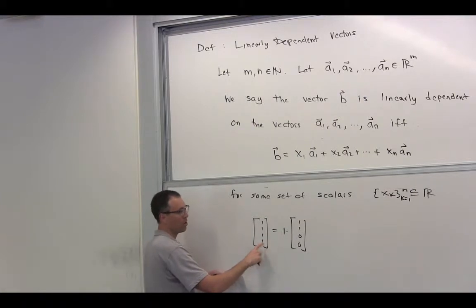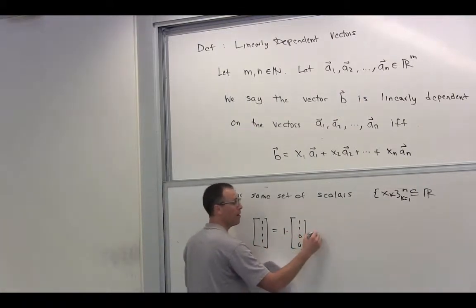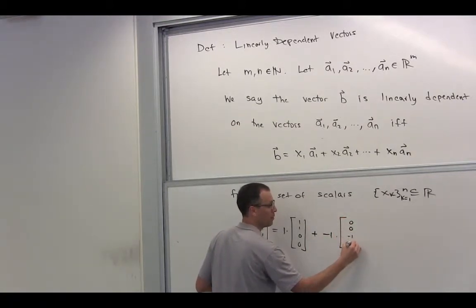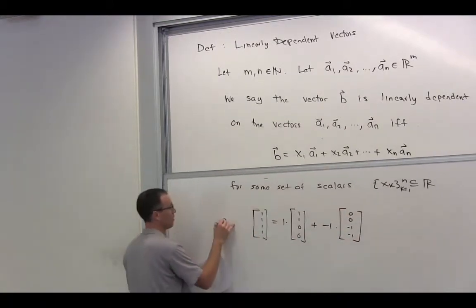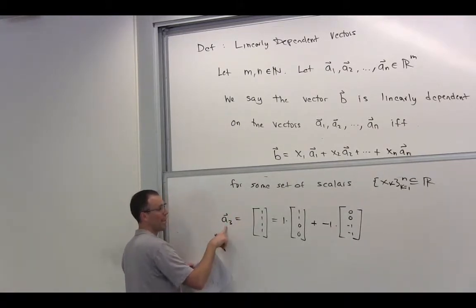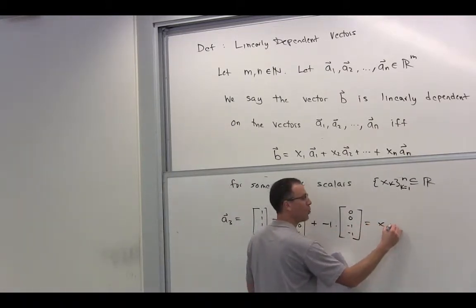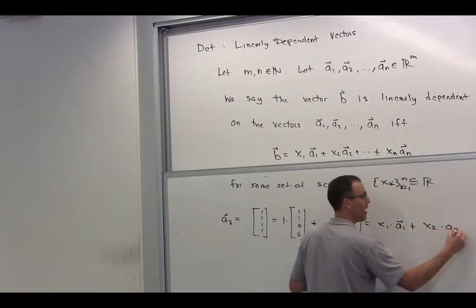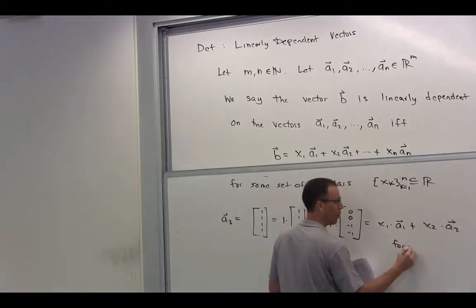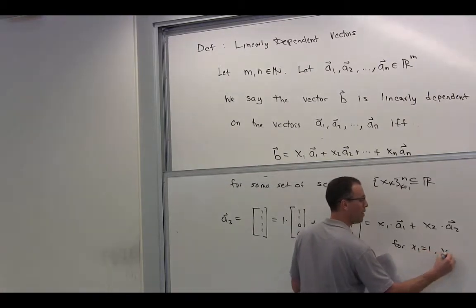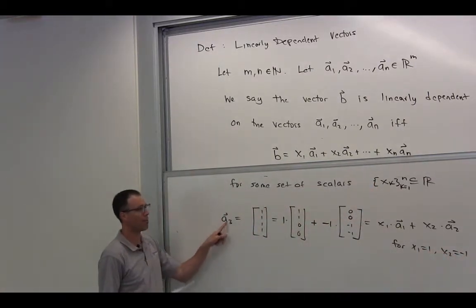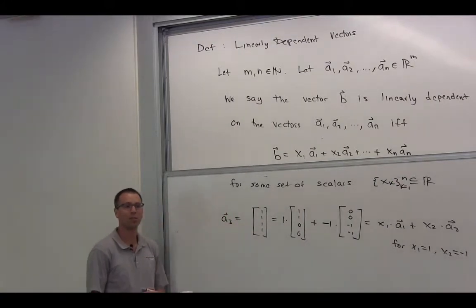Because B could be written as 1 times A1 plus, I think it's negative 1, in other words, A3 was x1 times A1 plus x2 times A2 for x1 equal to 1, x2 equal to negative 1. What would you immediately say about the vector A3 in terms of A1 and A2?